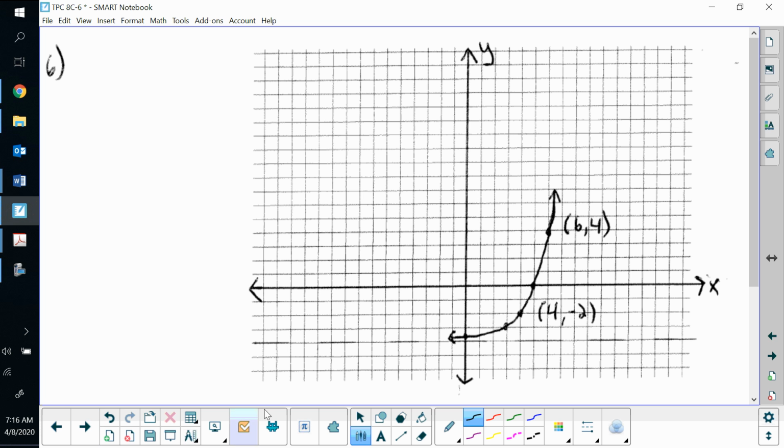All right, last one for the video. 1, 2, 3, -4 is where we're leveling off for this one. So this is going to be 4 equals a times b to the 6th minus 4. And then we'll have -2 equals a times b to the 4th minus 4.